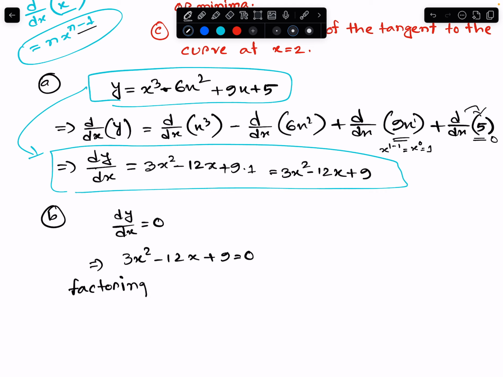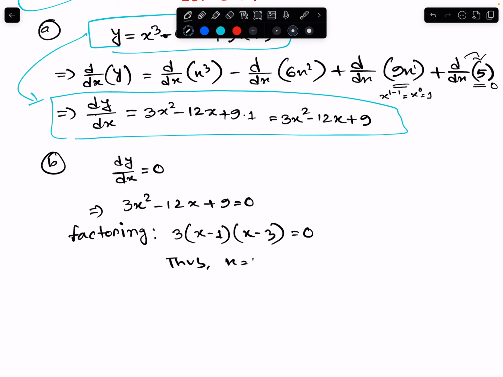By factoring, we'll get 3 times (x minus 1) times (x minus 3) equals 0. And from here, we can say x equals 1 and x equals 3. These are my stationary points.